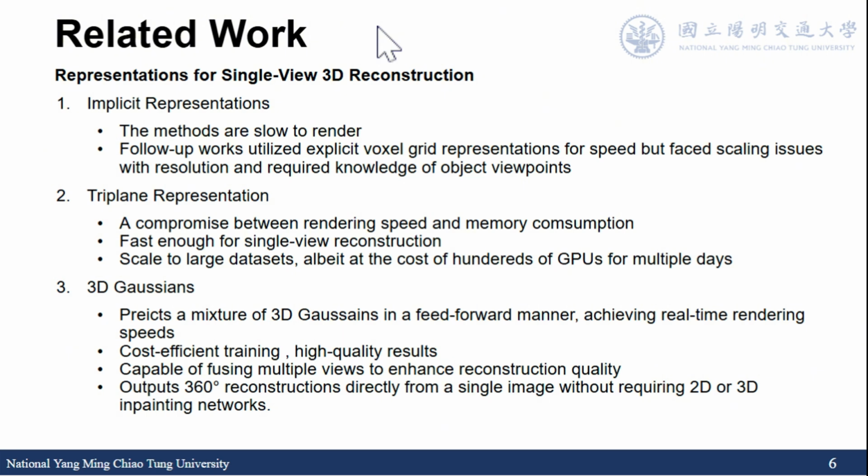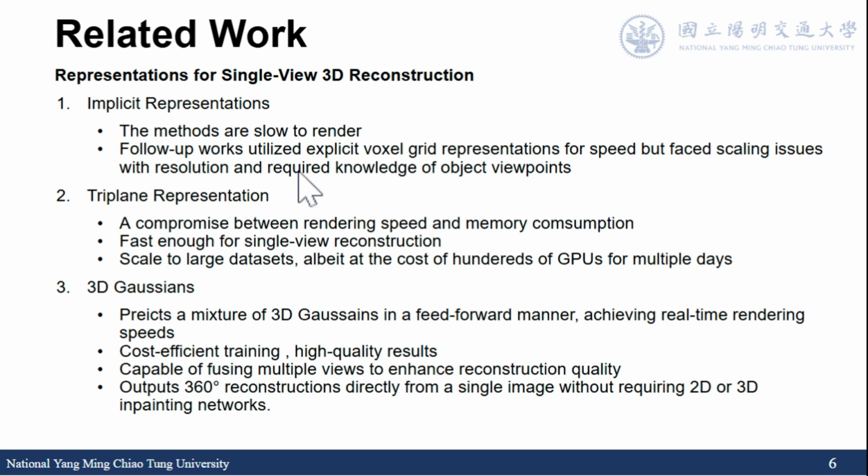In recent years, there have been several methods for single-view 3D reconstruction, each with its strengths and weaknesses. Let's take a look at these approaches. First, we have implicit representations. While they are popular, they tend to be slow to render. It can take up to 2 seconds just to process a single 128 by 128 image.